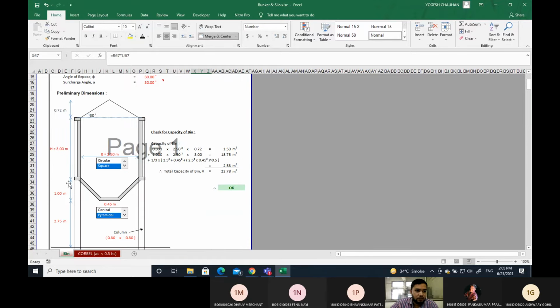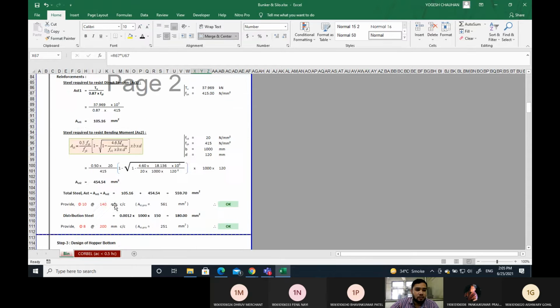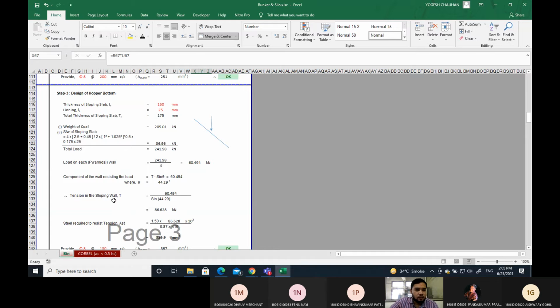The slant height is the square root of 1 squared plus this distance, which is half of this width minus half of the bottom dimension of the hopper. Multiply by the total thickness of the sloping slab and the density of the concrete, and that will give you the weight of the sloping slab. So the total load on the bottom hopper was 241.98 kilonewton.